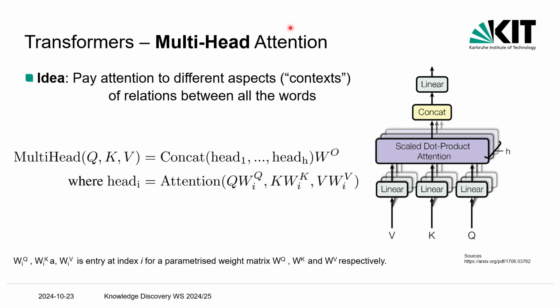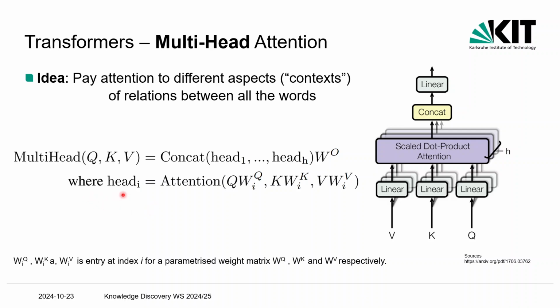Let's have a look at the formula and how it's actually done. So there's a multi-head here. It utilizes the same 3 matrices we had before. It does a concatenation of the different heads with the dot product of the WO matrix.